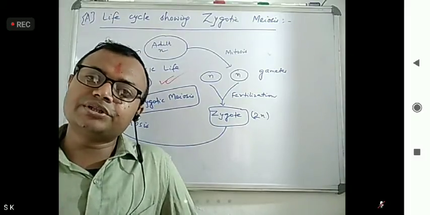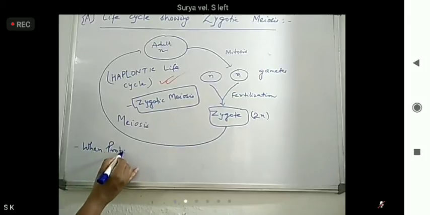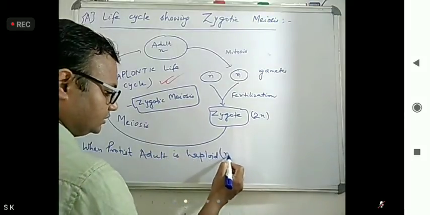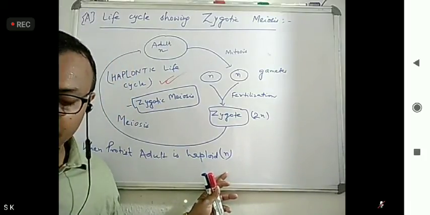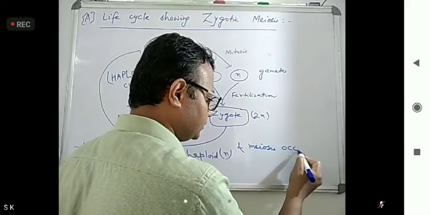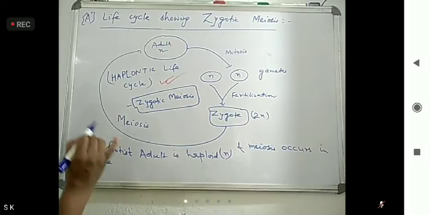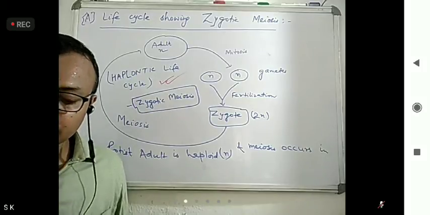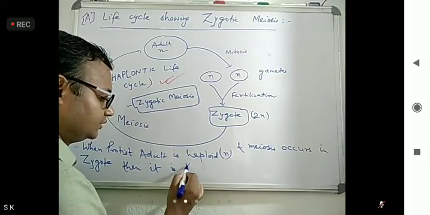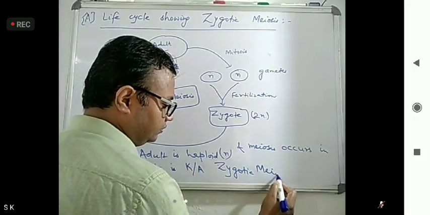What I told, when the protist adult is haploid, that is n, haploid means n, and meiosis occurs in the zygote, then it is known as zygotic meiosis.